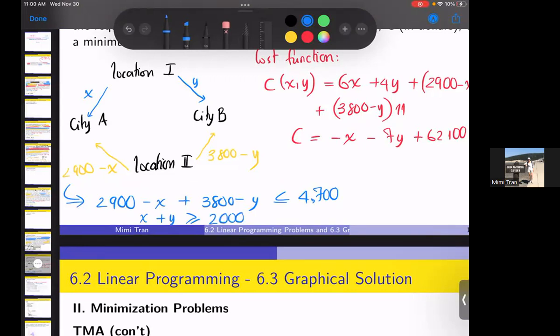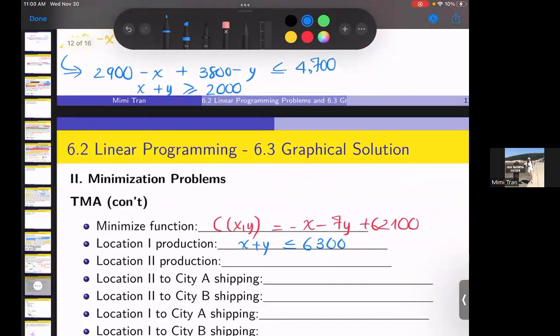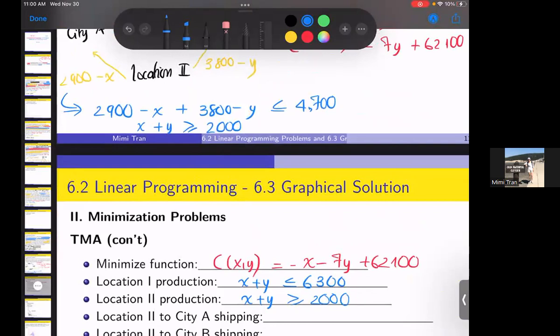You can do it slowly, don't do what I do. If I can make a mistake here, you don't want to make a mistake on the final. So x plus y is greater than or equal to 2,000. That's the production of location two, after we simplified that. All right.